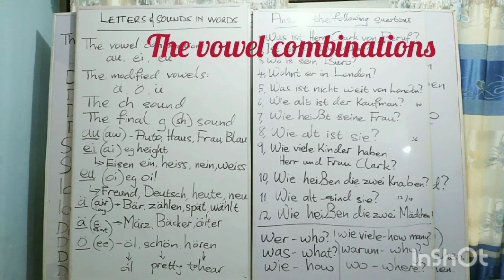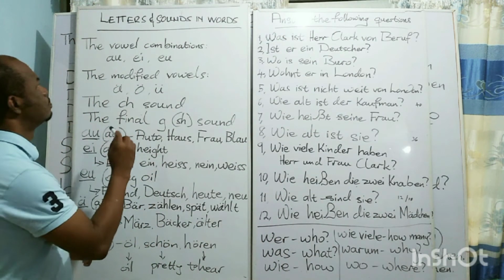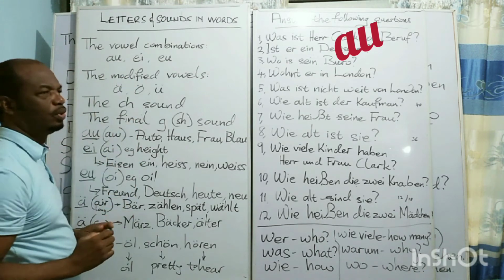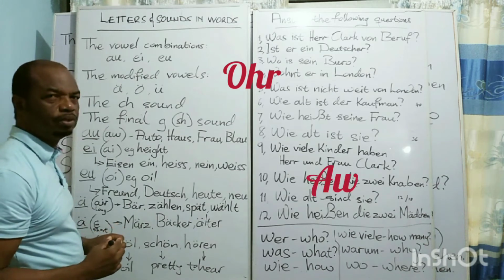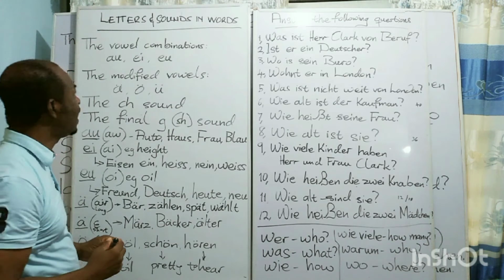The vowel combinations. When you come across AU, we don't say O, we say OW in German, just as it is spelled. OW.